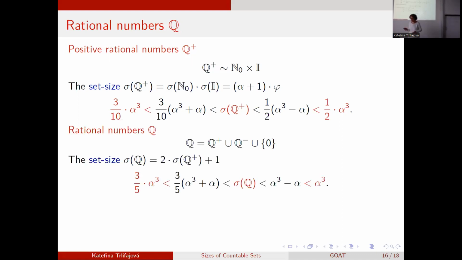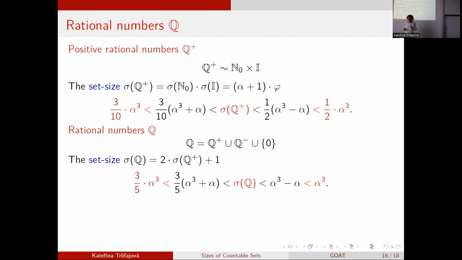All rational numbers, of course, it's easy to count. It is less than alpha to 3 and greater than 3/5 alpha to 3. This is quite a rough estimation, but it has the same reasoning.